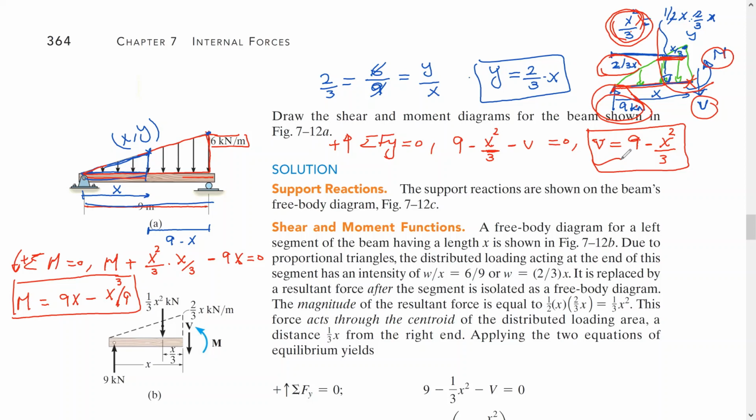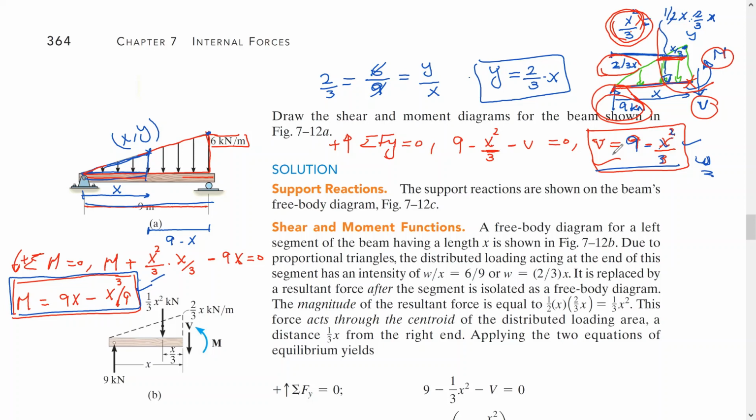One thing to be noticed before we go and draw the shear and bending moment diagram, if you look at this, what is the relationship between this and this? If you integrate this, what will it be? 9x minus x cube dividing by 3 times 3, which is this. So when we integrate the shear we get the moment, and when we differentiate the moment we get the shear. The same relationship holds between the shear and the distributed load. If we differentiate the shear we get the distributed load, and if we integrate the distributed load we get the shear.